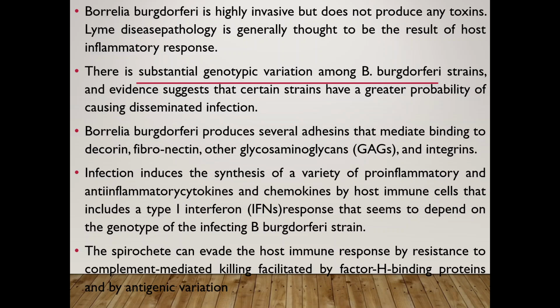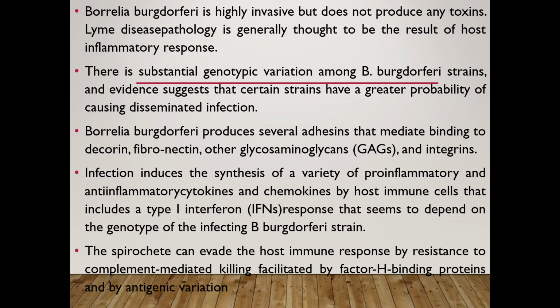Borrelia burgdorferi produces several adhesins that mediate binding to decorin, fibronectin, other glycosaminoglycans, and integrins. Infection induces the synthesis of a variety of pro-inflammatory and anti-inflammatory cytokines and chemokines by host immune cells.